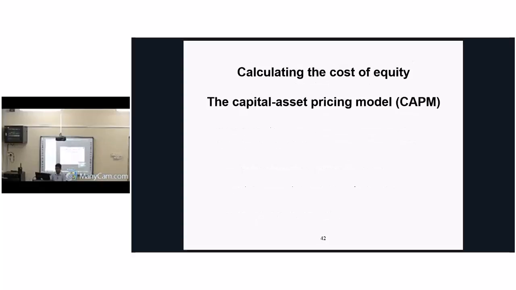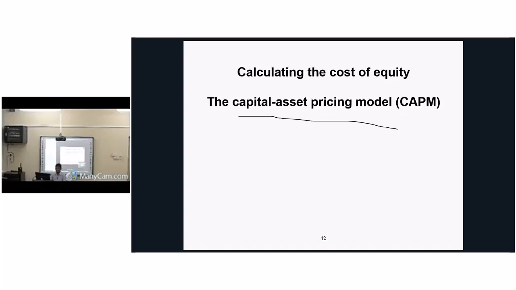Right, okay, so how do we calculate the cost of equity? As you know, cost of equity can be calculated in two ways. I'm sure you have learned this before. Just to refresh, cost of equity can be calculated by two approaches. One is already given, that is the capital asset pricing model. What is the other approach?